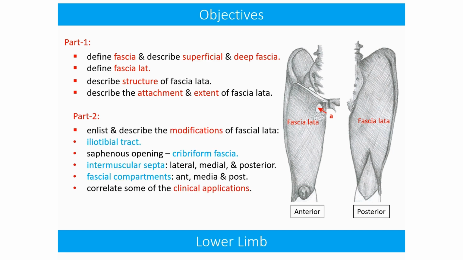In part 2, we will discuss the modifications of fascia lata, that is iliotibial tract, cribriform fascia, and intermuscular septa and fascial compartments, along with clinical applications of the fascia lata.